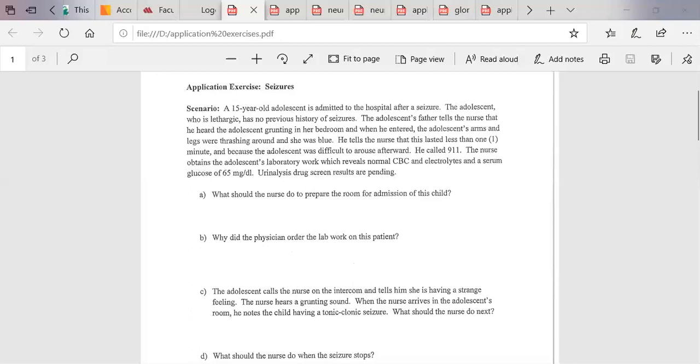The next question: the adolescent calls the nurse on the intercom and tells him she is having a strange feeling. The nurse hears a grunting sound. When the nurse arrives in the adolescent's room, he notes that the child is having tonic-clonic seizures. What does the nurse do next? First and foremost, we always protect the patient, but then we're always recording what is going on. So protect during the seizure, make sure they're safe, record what's going on, what time, how long does it last, what do we see going on.